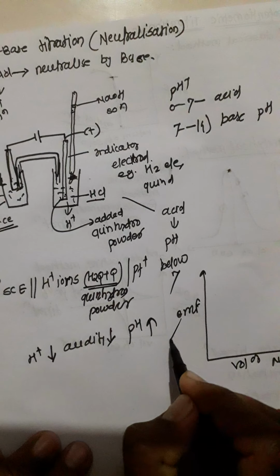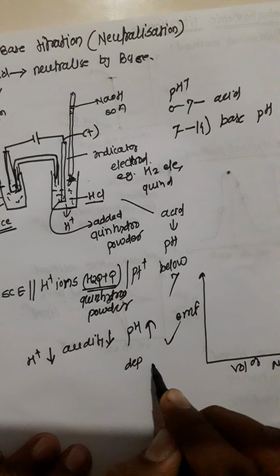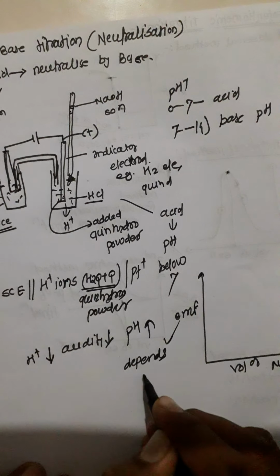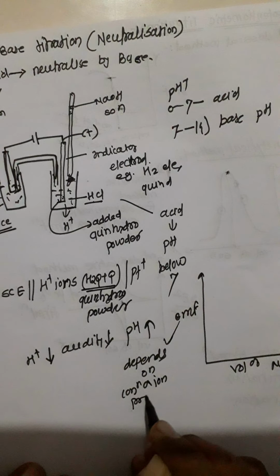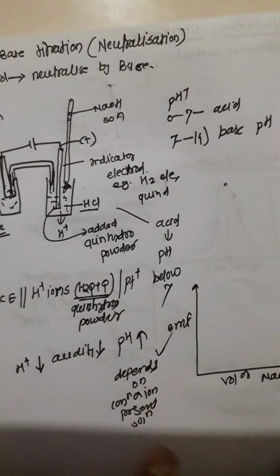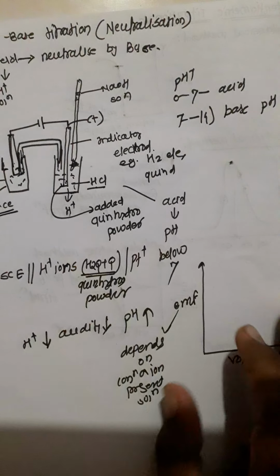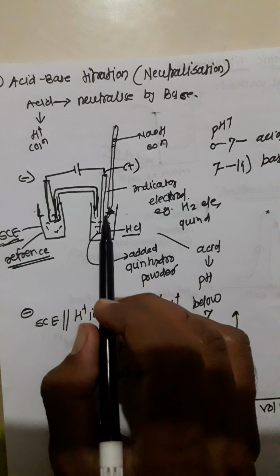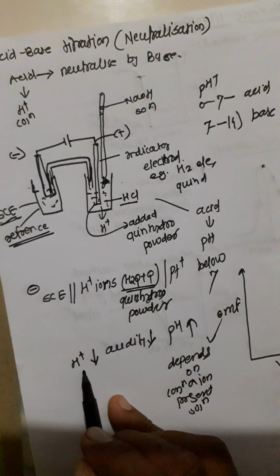EMF depends on the concentration of ions present in the solution. During the titration, whenever base is added, H plus ions decrease.